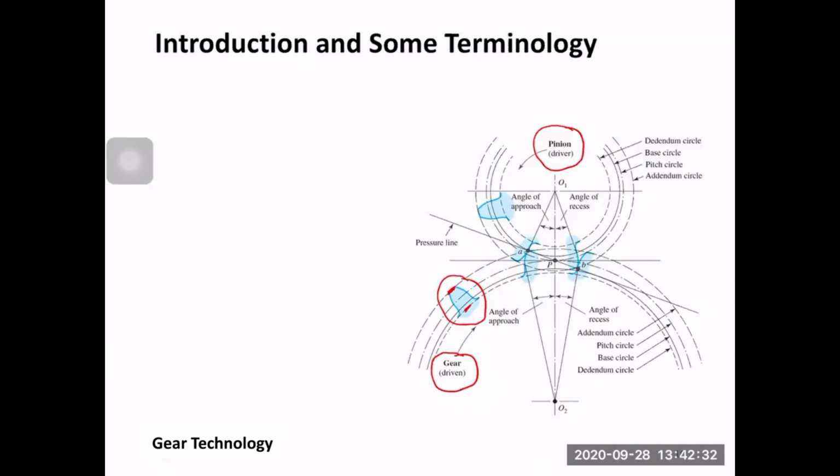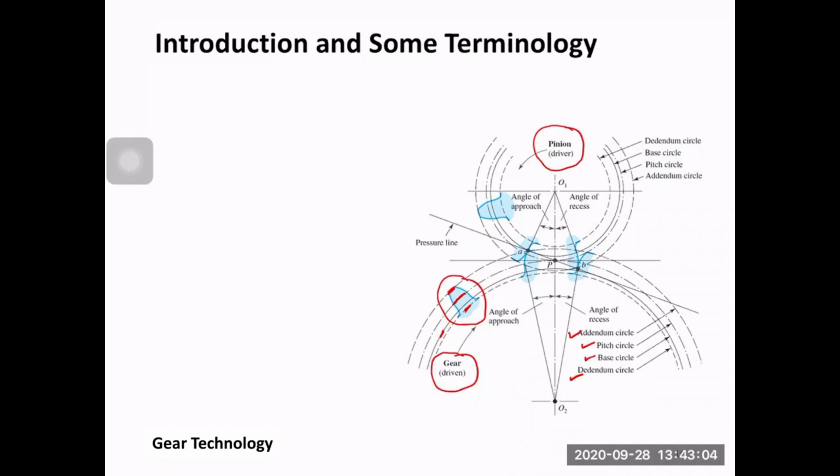The circle at the top is called the addendum circle. And the circle at the bottom is called the dedendum circle. We have one circle in the middle, and this is an imaginary circle. It is called the pitch circle. And we have one more important circle here, which is the solid line, this one, called the base circle. You're going to learn more about the base circle in the next few slides.